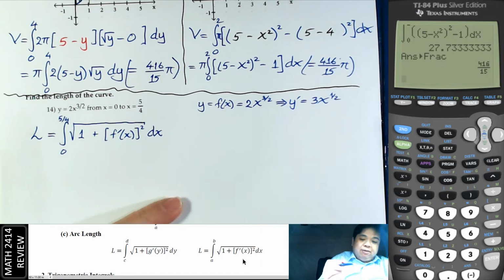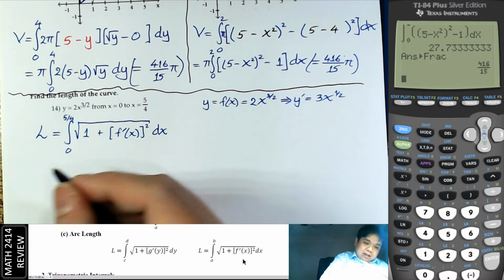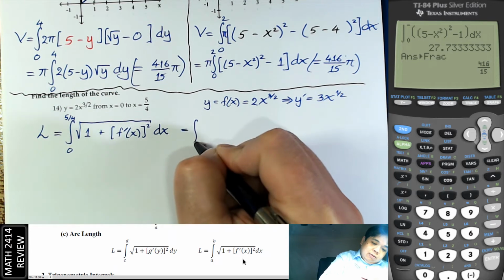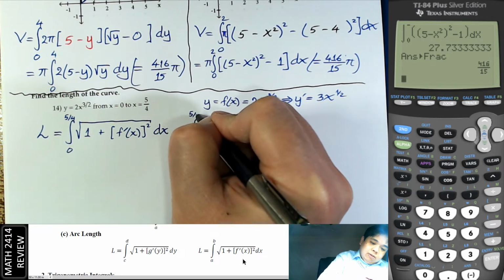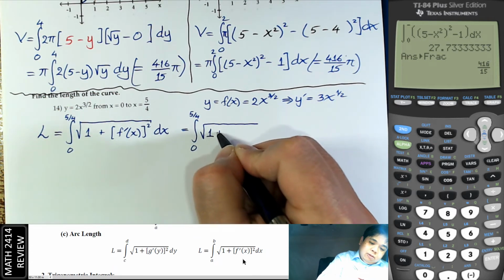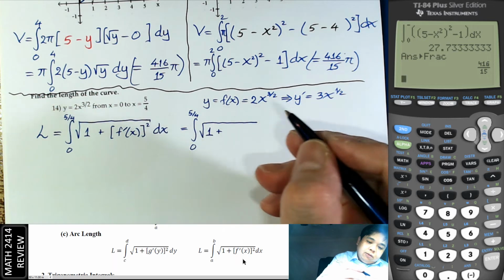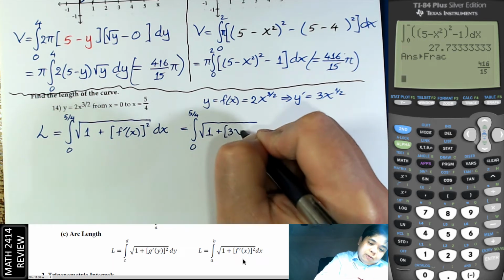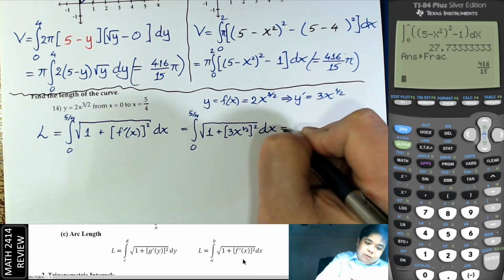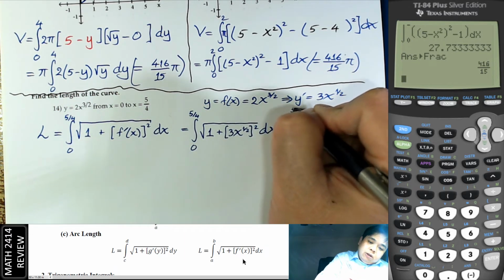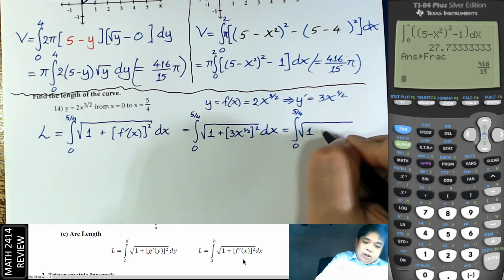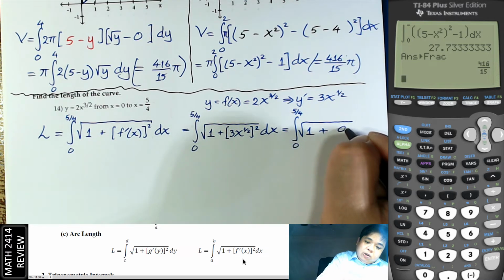So that's what we have. Right, substitute that in here. That gives us 1, 3 squared is 9. So just 9x dx.